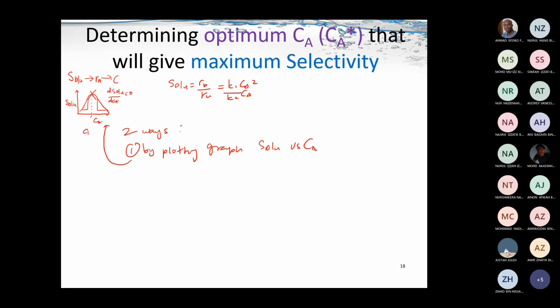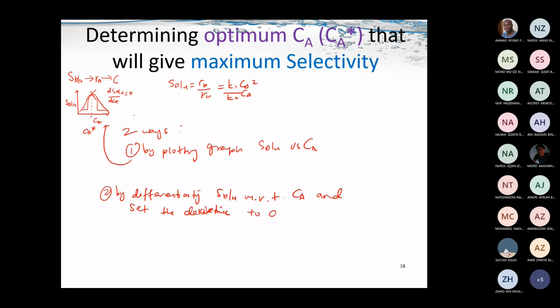Okay, ataupun is by differentiating SDU with respect to CA, and set the derivative to 0.